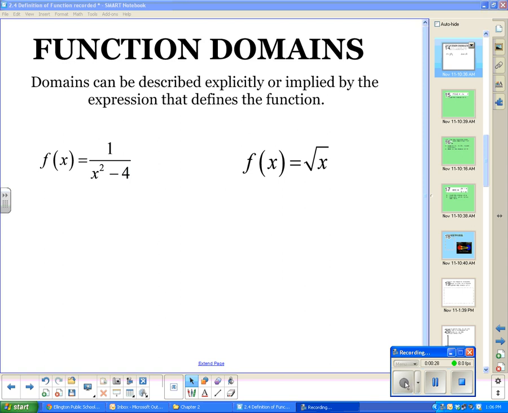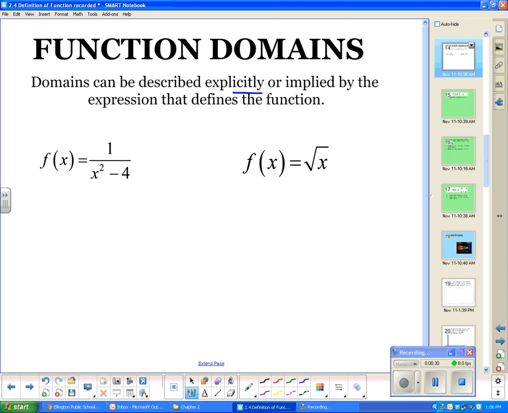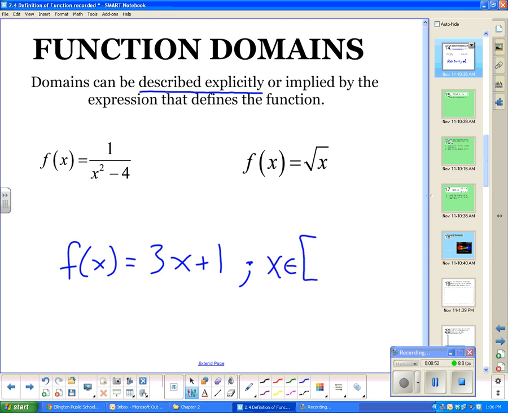Now, described explicitly means there would be some piece after a function that says only use these values. For example, if we had a function f of x equals 3x plus 1, and we followed that with a comma or a semicolon and said x is an element of the closed interval from -4 to 7.